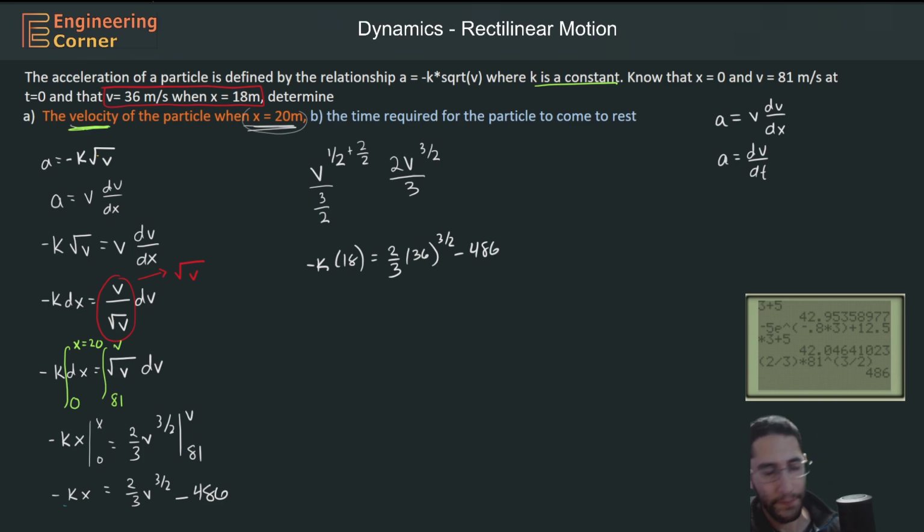Now we can just solve for k. Minus 486 divided by 18, times this minus 1. And we get k is equal to 19.